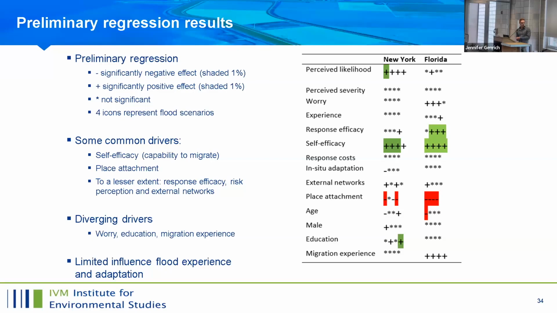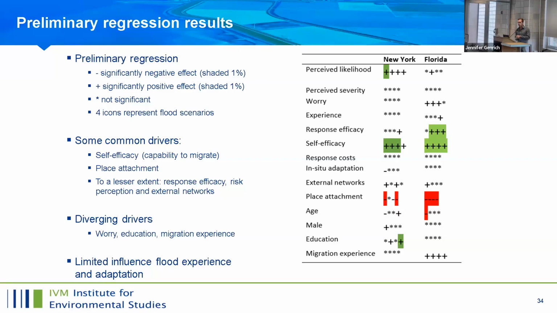But we also see some differences. For example, worry is important in Florida, but not in New York. In Florida, migration experience, so if people have migrated before, is significantly associated with higher migration intentions.